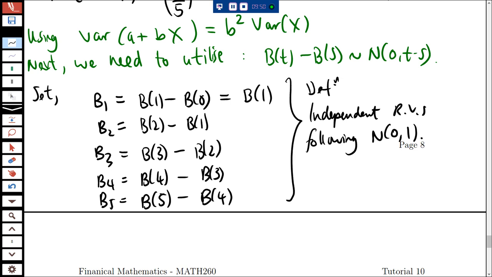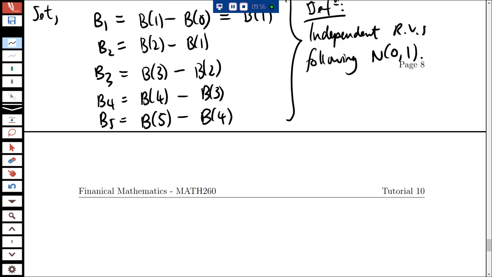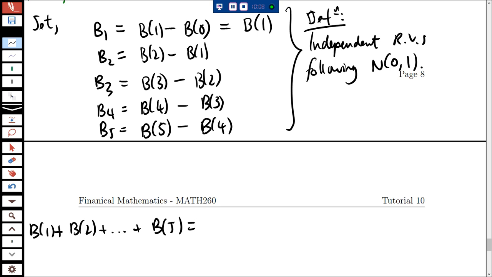Start with definition. Okay, so we need to utilize this. So we need to take our sum and rewrite all of this using the left-hand side.